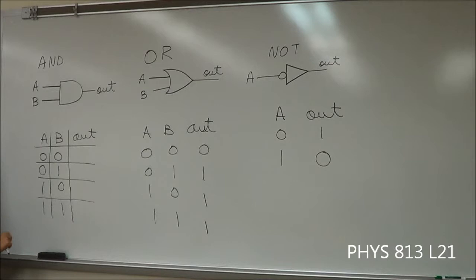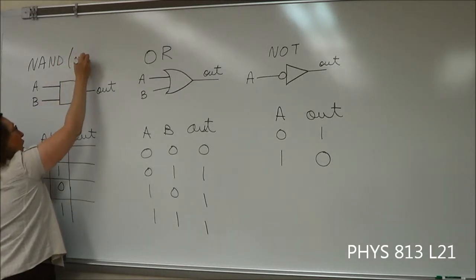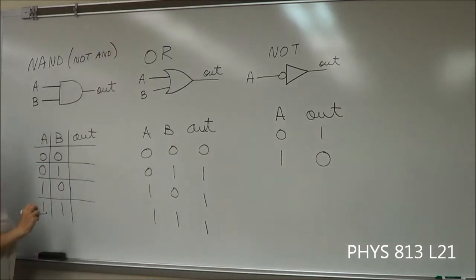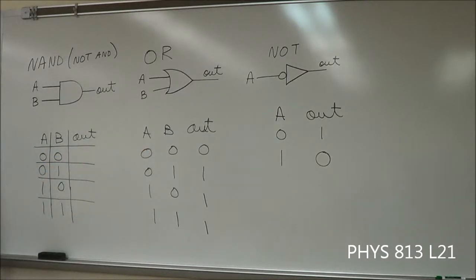It's just the output that's going to be different. So if I put a NAND, it's called NAND, and what that is, is not AND. So basically, you would do the AND operation, and then you would do the NOT. So whatever you would get with AND, then you would invert that to the other number.